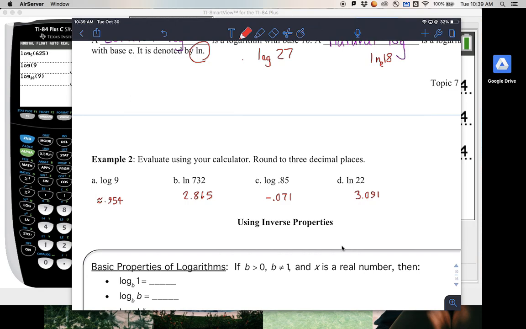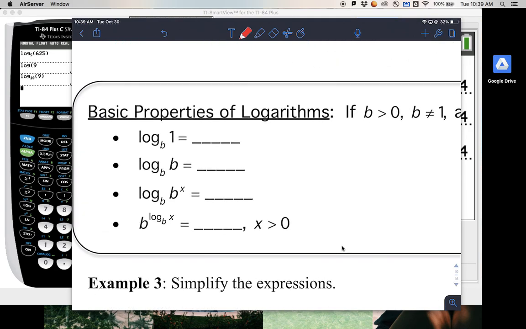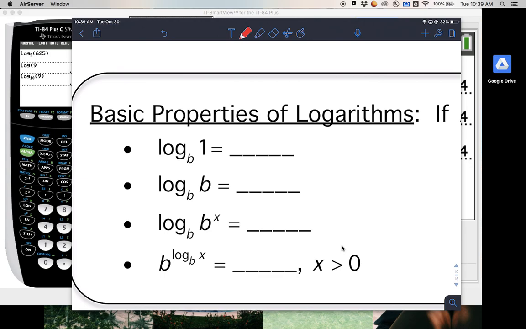Alright, now there's a couple of properties that we're going to learn here today using logs, and I'm going to explain them by setting these different things equal to x and then see if we can come up with an idea. And then after we're done, we'll go through what you need to know for these. But let's say you have log base b of 1, and you're trying to figure out what that simplifies to.